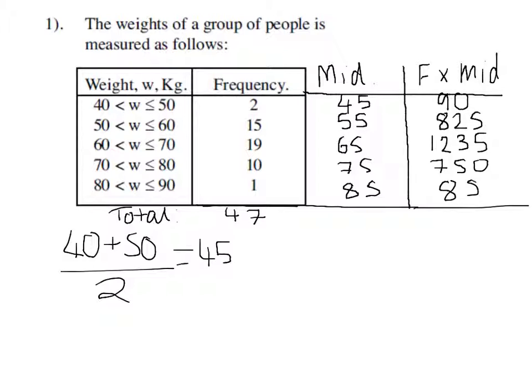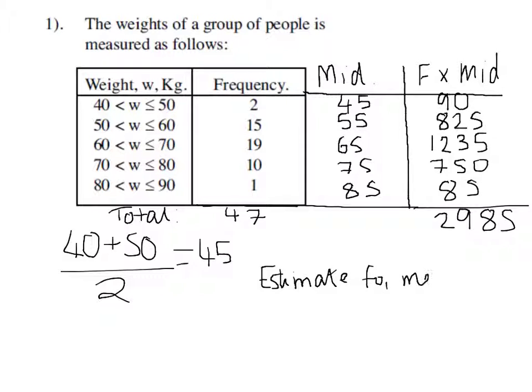Then you find your total for your 4th column: 90 plus 825 plus 1235 plus 750 plus 85, you get 2,985.